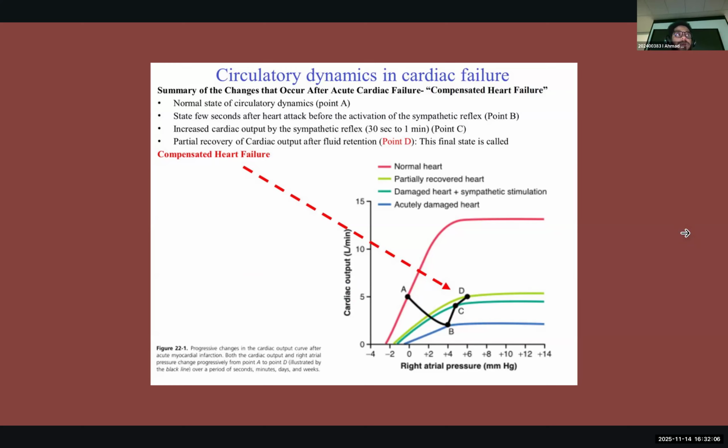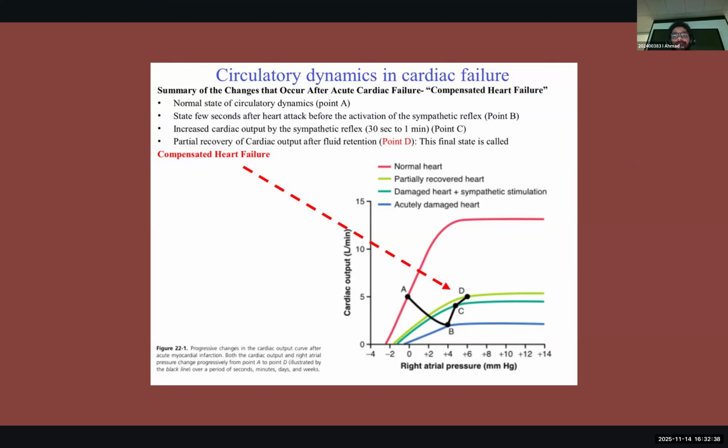The second thing that's also done is the RAS system. Now, Dr. Mooney mentioned in the recording that he's not going to stress over it too much, because you will take it later on again in renal. But simply what happens in the RAS system is that the amount of urine that's being produced goes down, and rather than the water being given out in the urine, the body tends to retain these fluids.